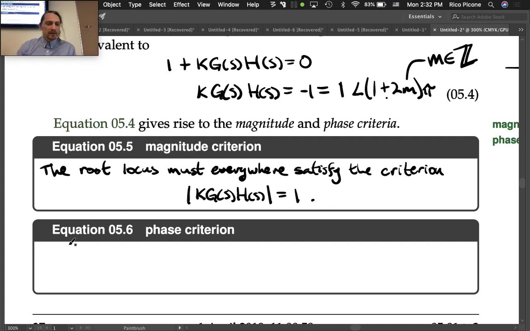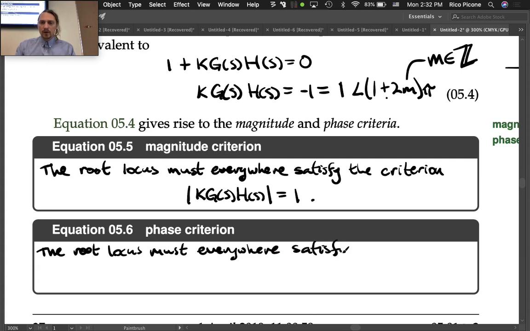The second criterion is that the root locus must everywhere satisfy the phase criterion.